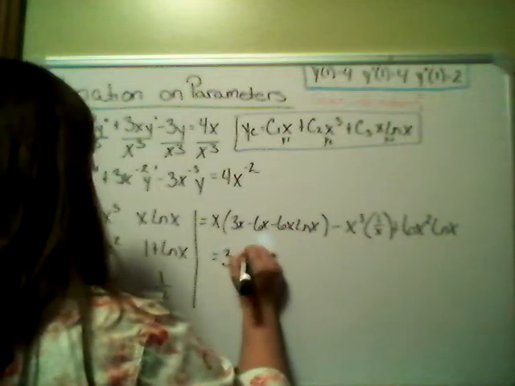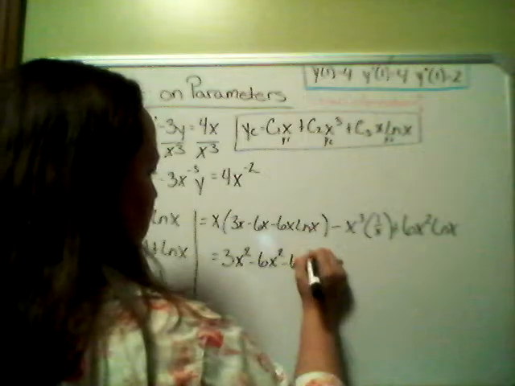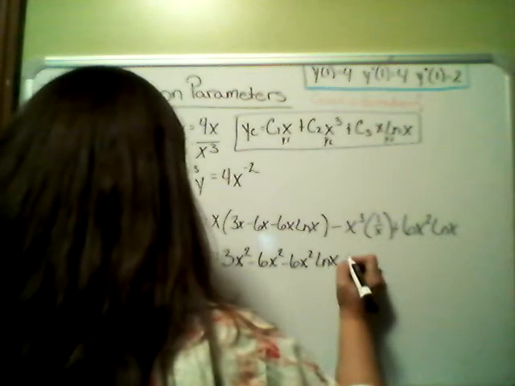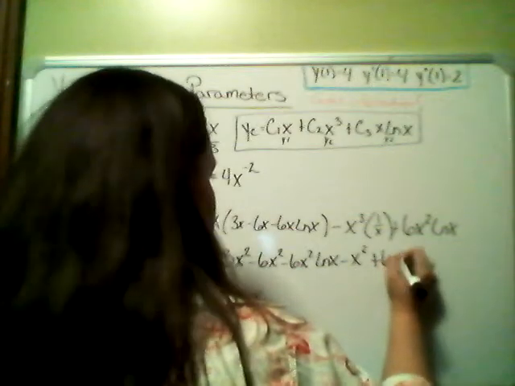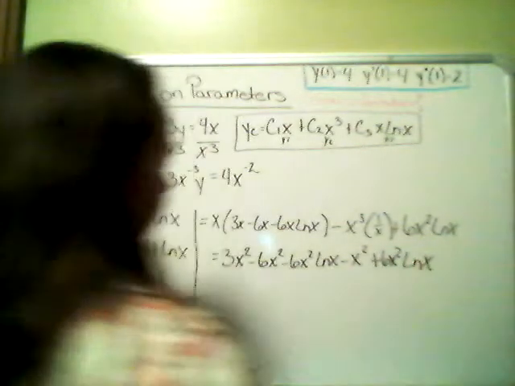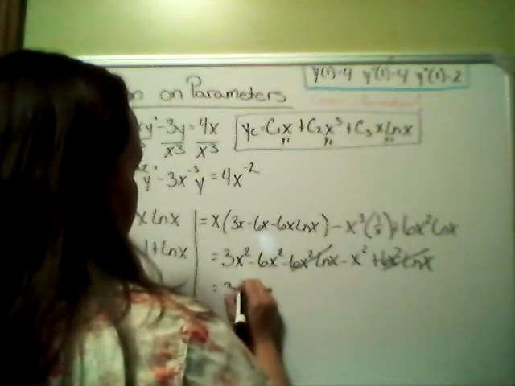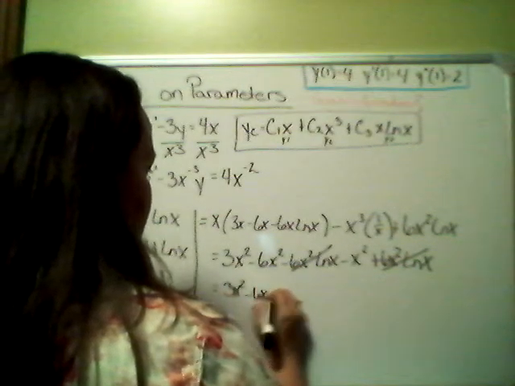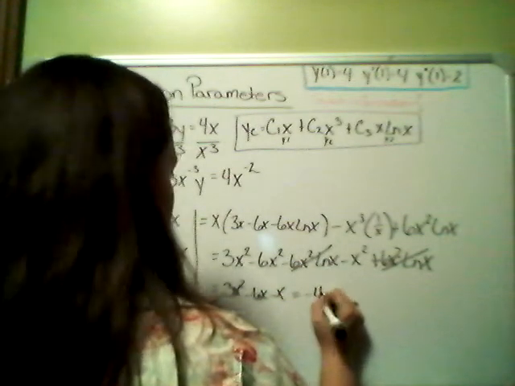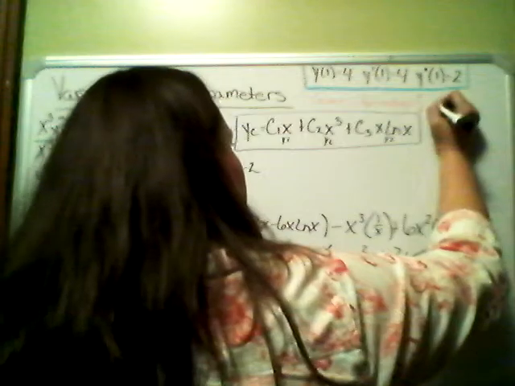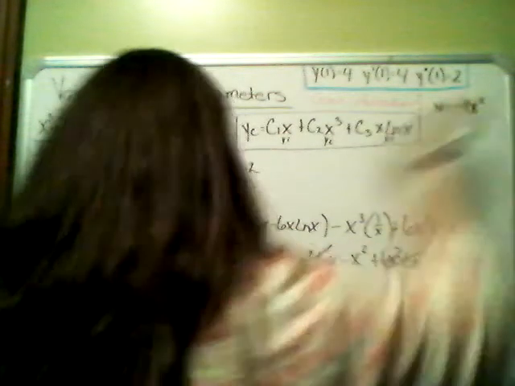We'll have 3x squared minus 6x squared minus 6x squared ln x, minus x squared plus 6x squared ln x. Now these will cancel out, so we're just left with 3x squared minus 6x squared minus x squared, which gives us minus 4x squared. So W equals minus 4x squared.